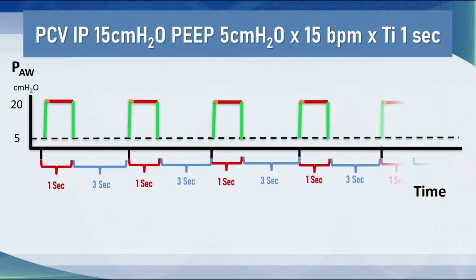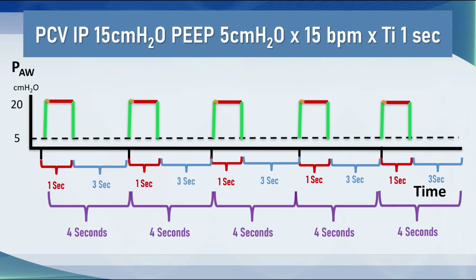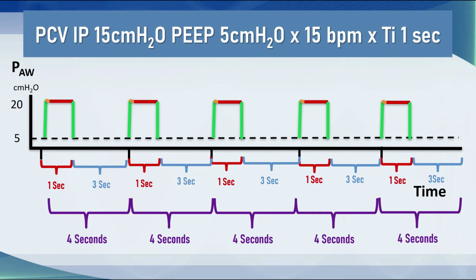Now what you can see very quickly is that with this 1 second inspiratory time and 15 breaths per minute, the expiratory time is 3 seconds. And that makes the total cycle time 4 seconds. That is 60 divided by 15, which equals 4.